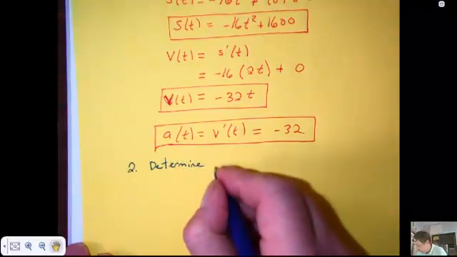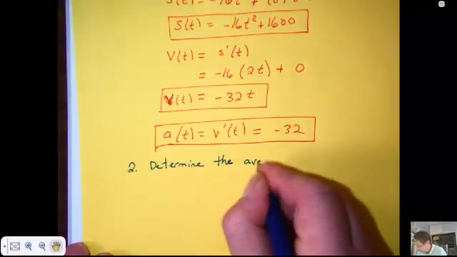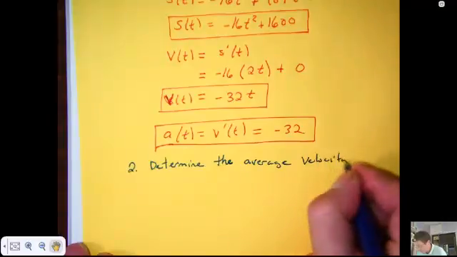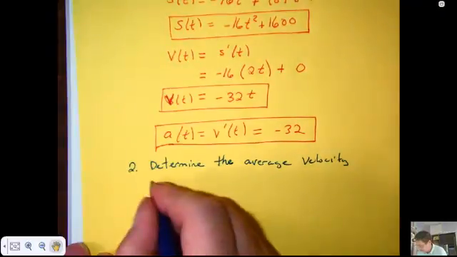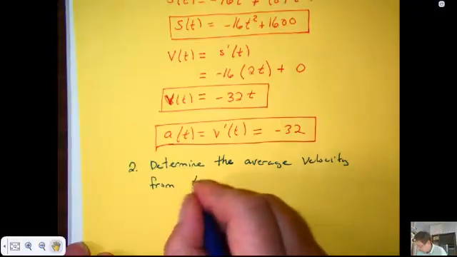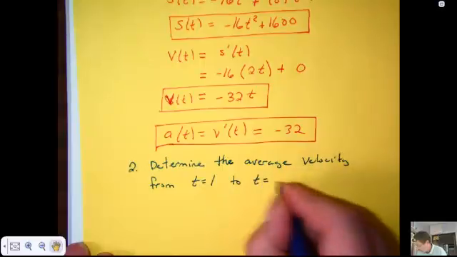Determine the average velocity from t equals 1 to t equals 2.